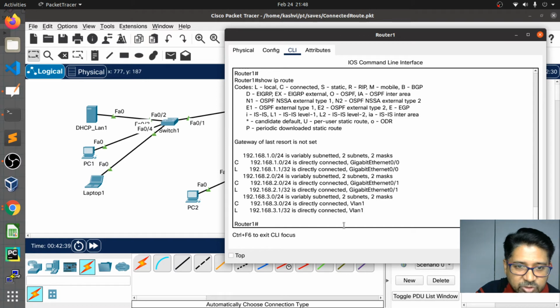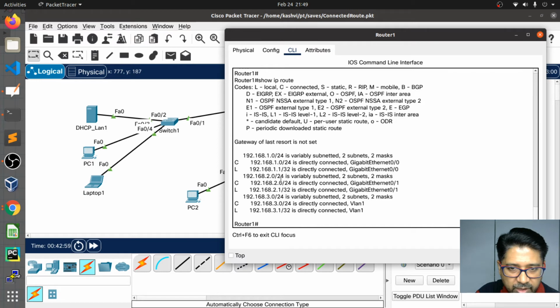Wherever there is a C, it shows as connected. Wherever there is an L, it's called local, the link local, the locally connected address. Connected shows the entire address family.